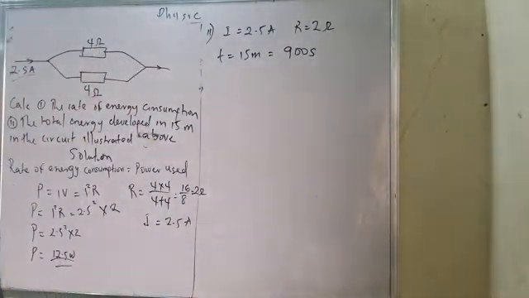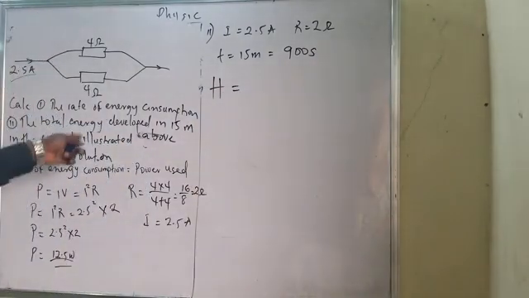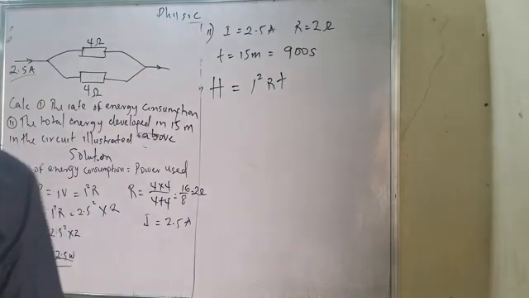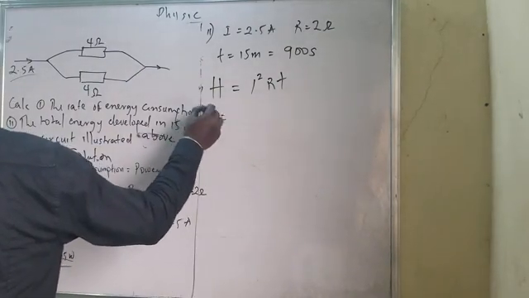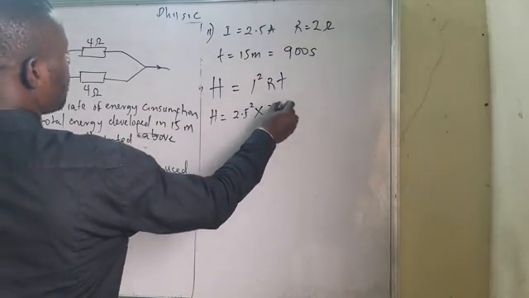Please take note of that. It must be in that time. It means I can answer that my total energy developed, H, equals I squared R t, which is 2.5 squared multiplied by 2 multiplied by 900.